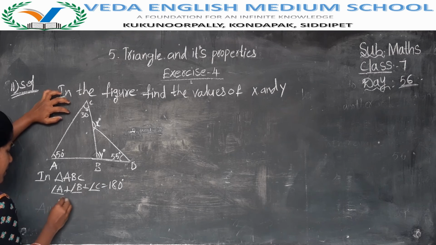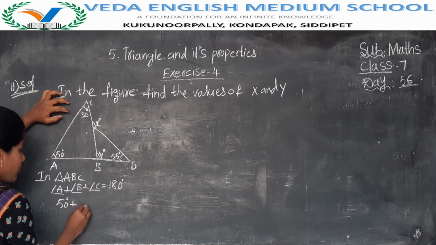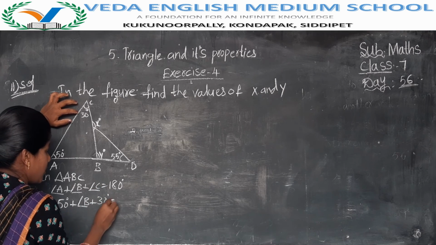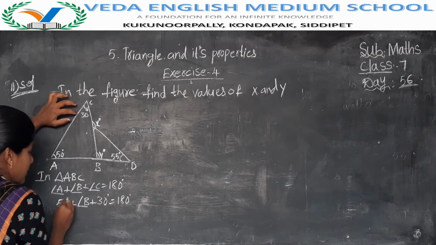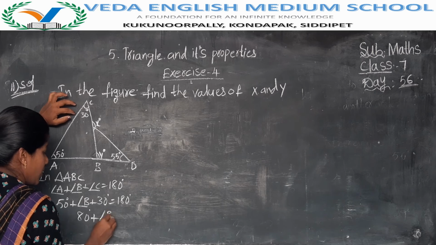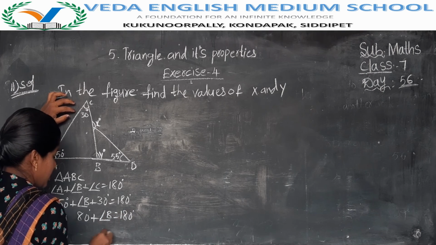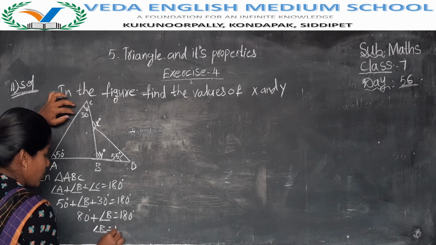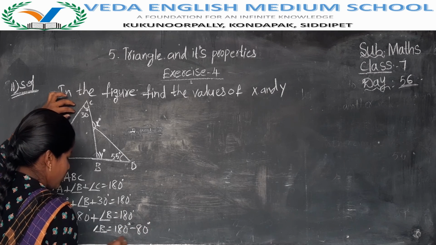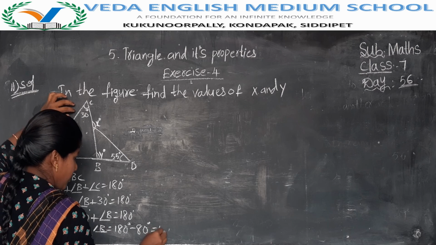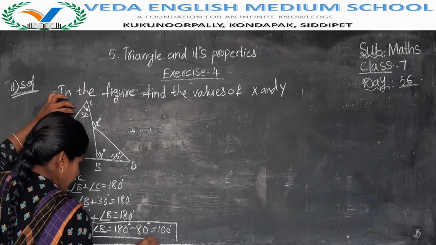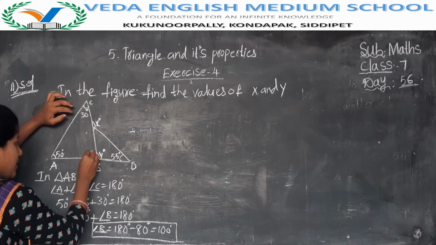Angle A is 50 degrees, angle B we don't know, angle C is 30 degrees, equal to 180 degrees. 30 plus 50 is 80, plus angle B is equal to 180 degrees. Angle B is equal to 180 minus 80, that is, angle B is 100 degrees. Then here we know it is 100 degrees.